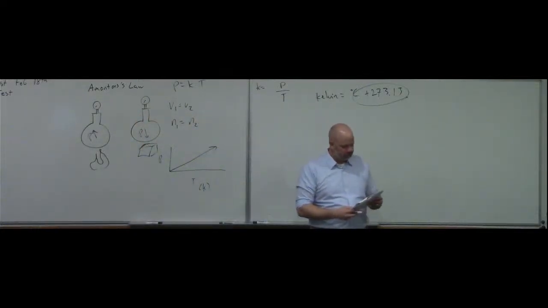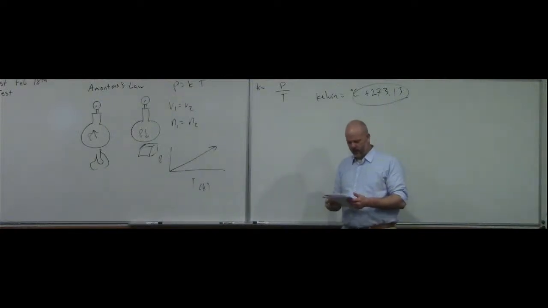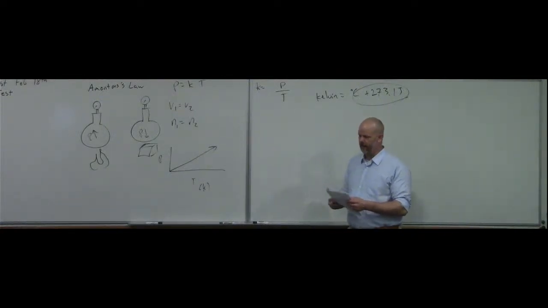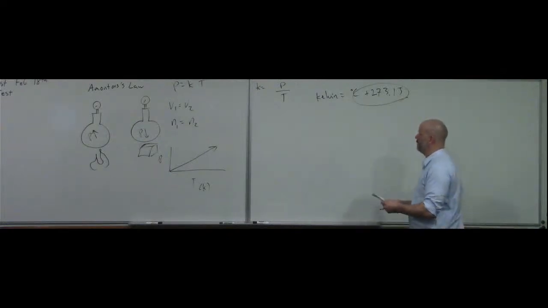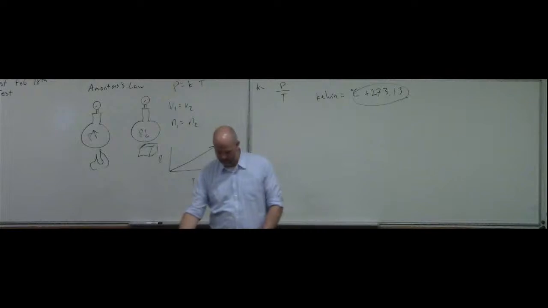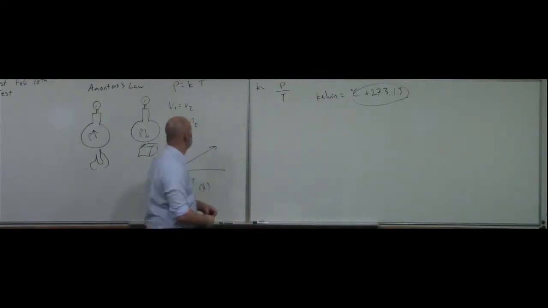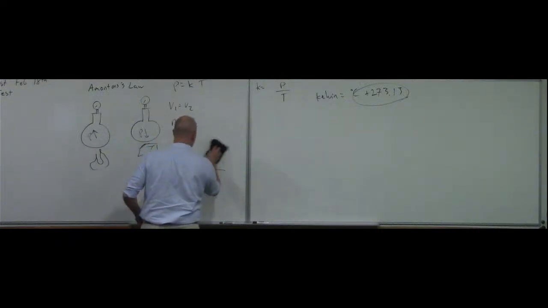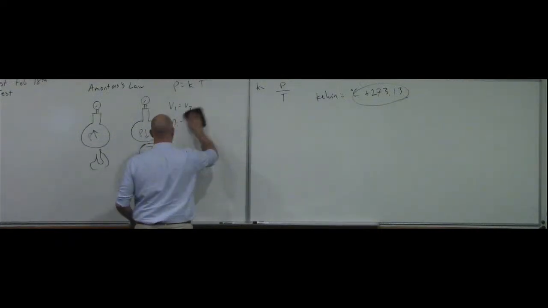All right, so we'll work a problem here. Go ahead and let you get caught up on that. We'll work a problem. I'm going to erase this. 273.15. Sorry, my fives are awful. Could be anything.